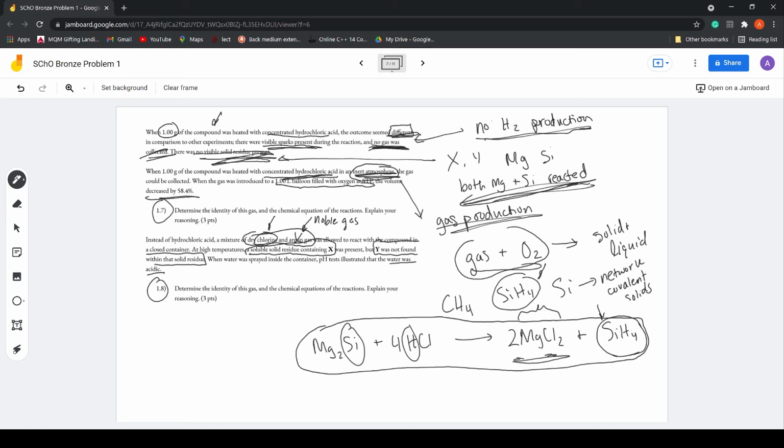At high temperatures, a soluble solid residue containing X was present. If we're reacting Mg2Si with chlorine, we only have chlorine that can form compounds with these things, right? So what is this magnesium chlorine compound? The same exact thing we've found before, MgCl2.